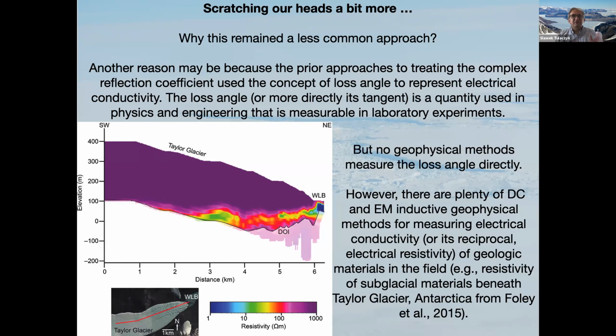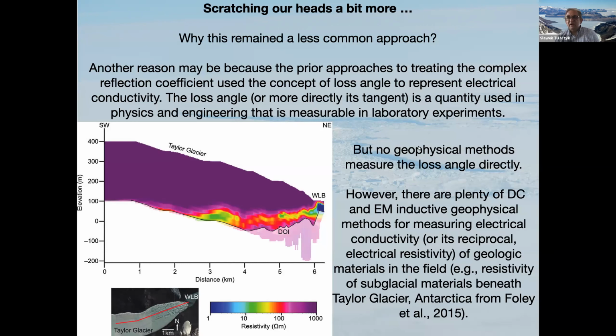This is what physics or engineering people will do: take a little sample of the material you're working on and measure both the real permittivity and the tangent of the loss angle, which is related to electrical conductivity. Well, the problem is that this doesn't speak so readily to geophysicists or geoscientists in general, because we don't really think or measure geo quantities in terms of a tangent of loss angle.